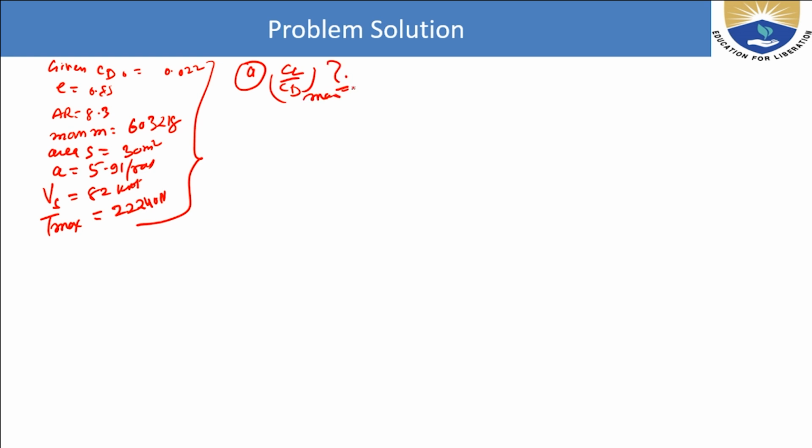So we will see the first one, a, that is CL by CD maximum. How to find it out? We know, as we have just derived, that CL by CD maximum is equal to 1 by 2 under root K CD naught.